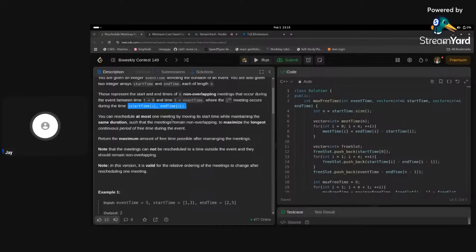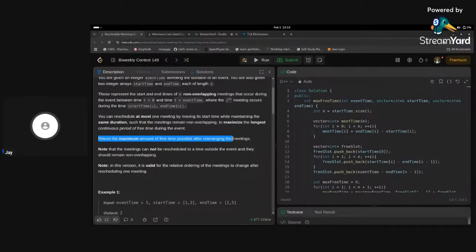Now over here, previously we could reschedule at most k meetings, but here we could reschedule at most one meeting. So we could only move at most one meeting. And again, after moving, the meetings had to remain non-overlapping, and we had to find the longest continuous period of free time, basically the maximum free slot that we saw in the last problem.